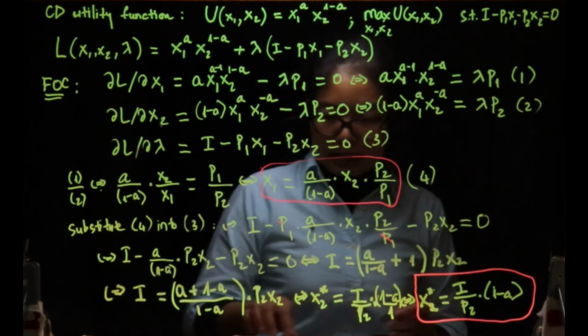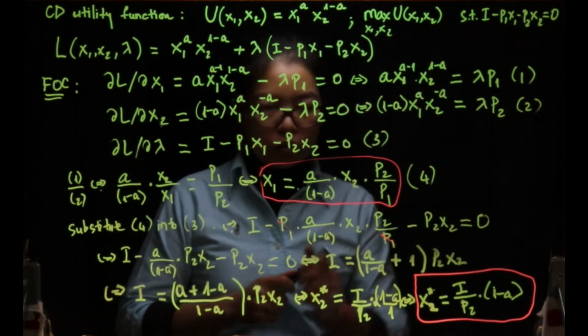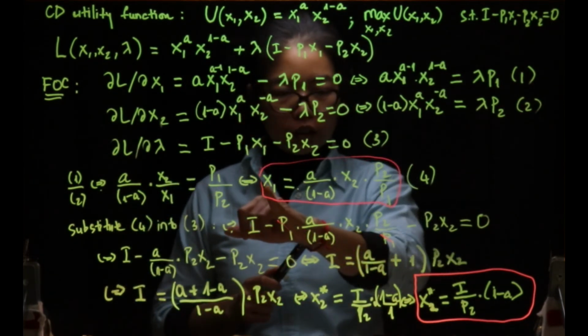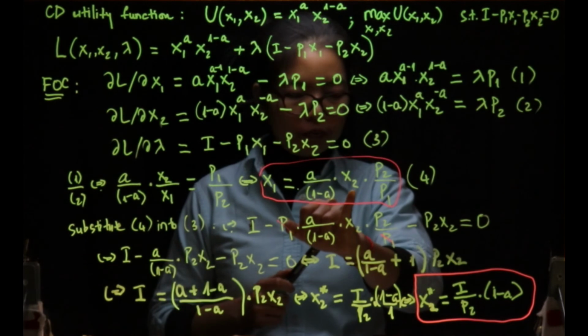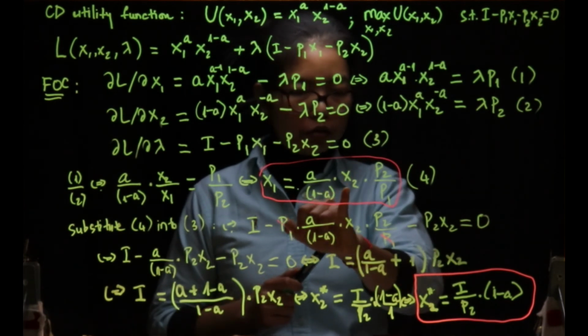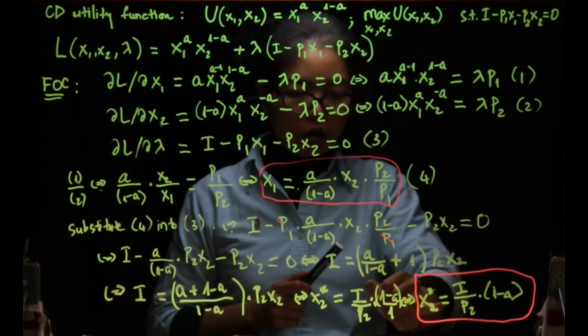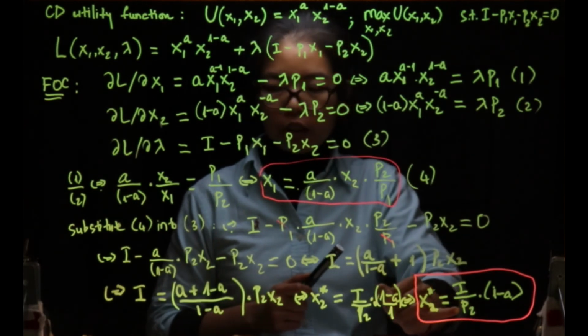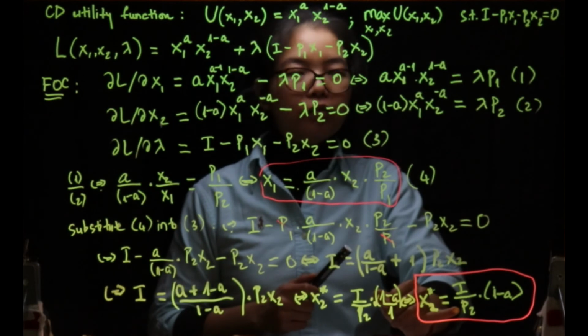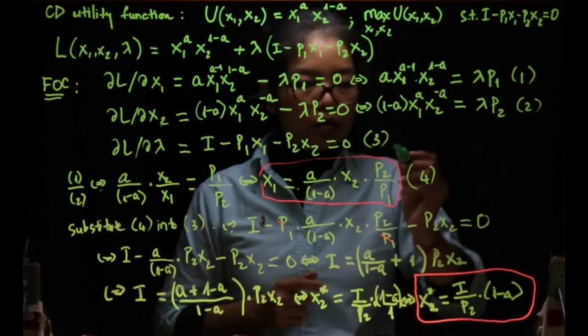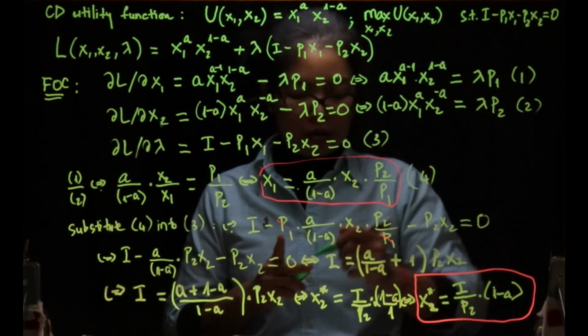Let's try to solve for x1 star starting from here. You substitute x2 here with x2 star, the result that we just arrived at.